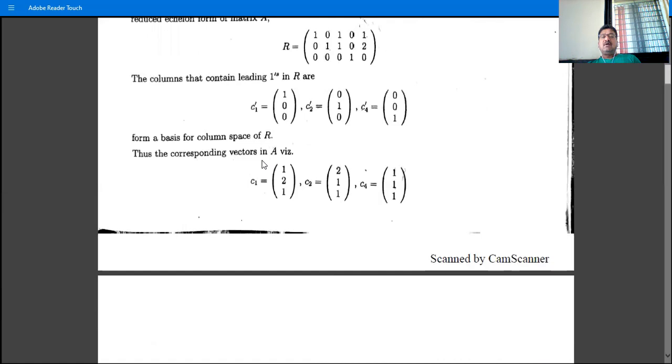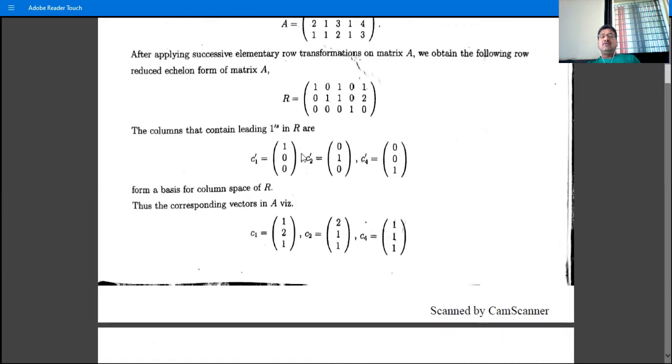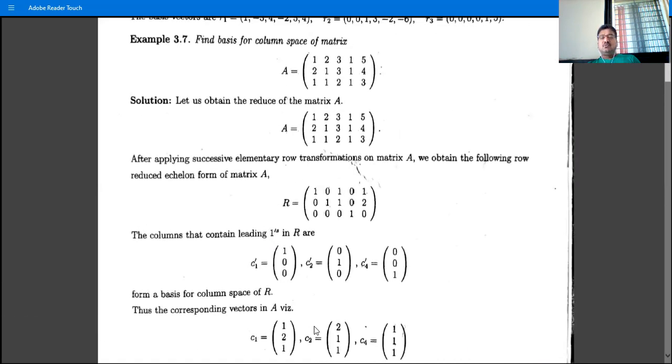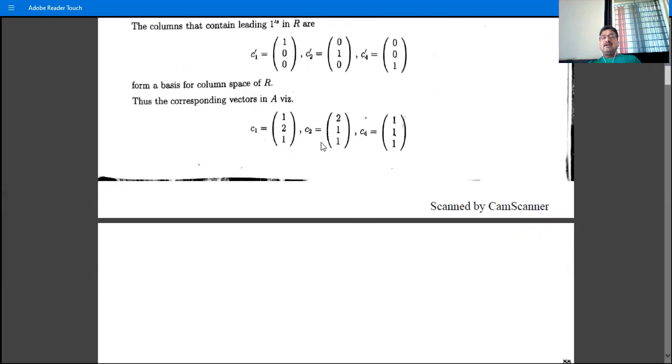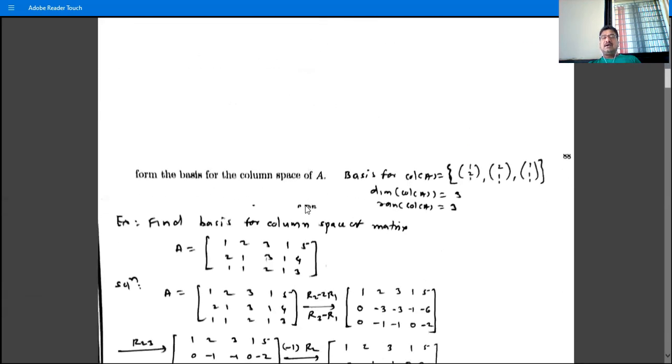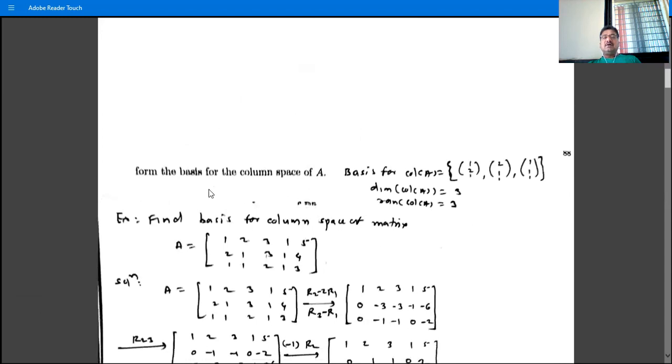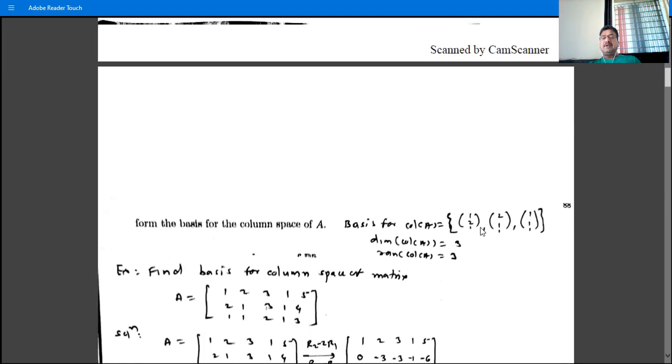The corresponding columns. So the number 1 column, the corresponding column is this 1 2 1. So write 1 2 1 as one vector, and then the second column as 2 1 1, and the fourth column contains leading 1, so the corresponding fourth column is 1 1 1. So these three form the set, and this is the basis for column space of A. That is, the basis for column space of A is what?